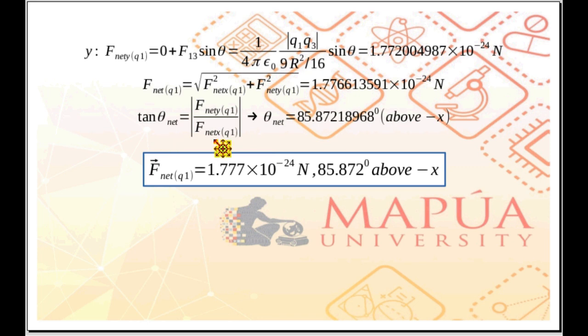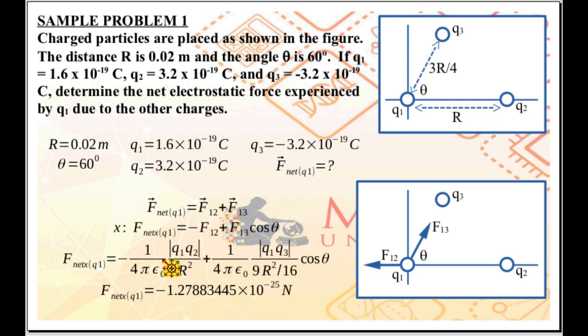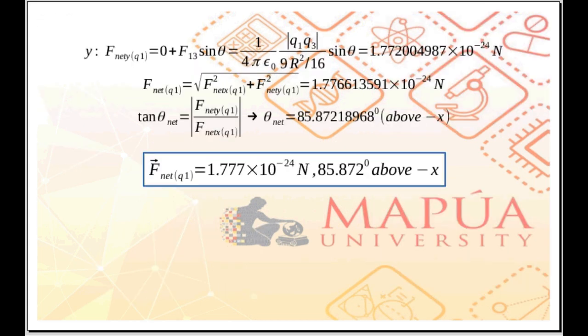Getting the inverse tangent, we'll get theta net is equal to 85.872 degrees. F net y is positive. F net x is negative, which means the orientation of angle theta will be above negative x.